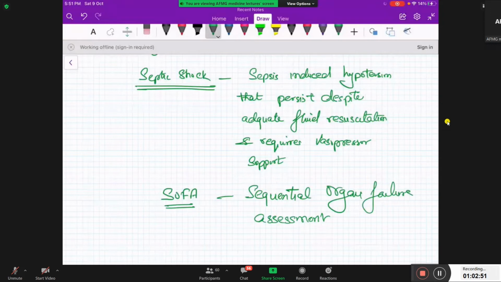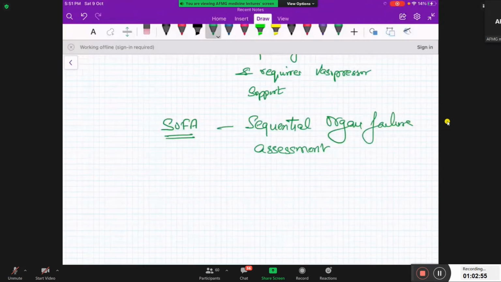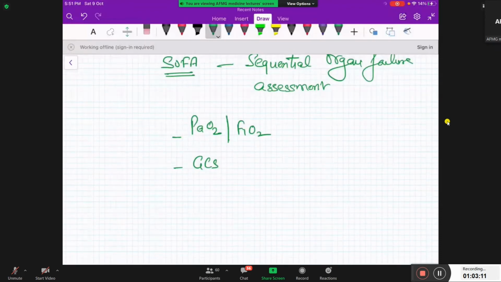The parameters in SOFA score are PaO2 to FiO2 ratio, GCS, and mean arterial pressure.